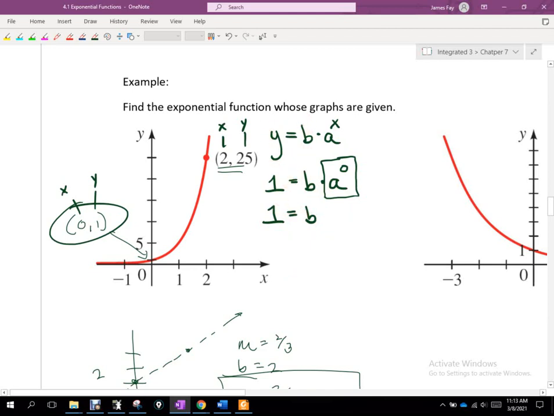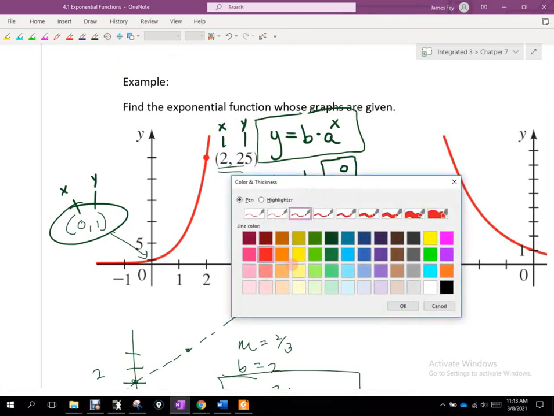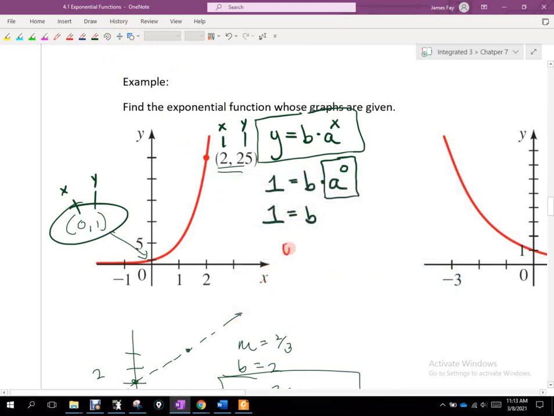So now up in this original equation right here, I can replace b with 1. Does that make sense? Okay, so basically we go through the entire process again, but now we have a little bit more information. B is 1. I don't know a yet. Okay, so once I find b, I just rewrite this with that value of b in there.